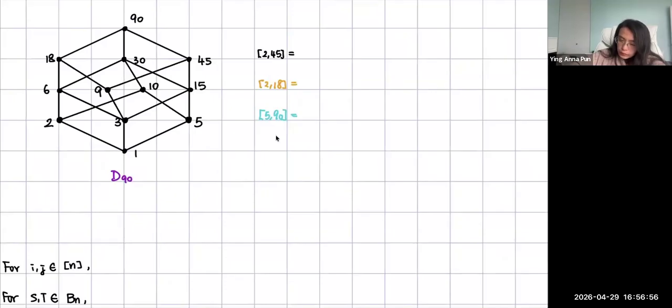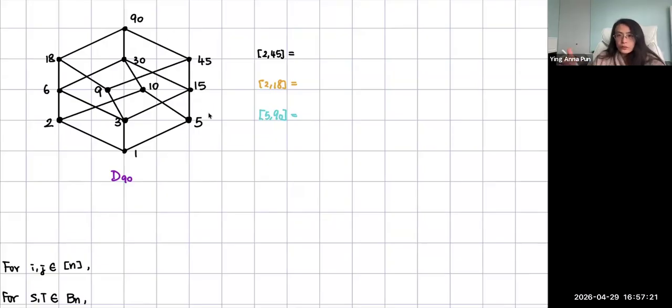I want to look at the interval 2 and 45. Is there anything in between 2 and 45? Well, what do you think?